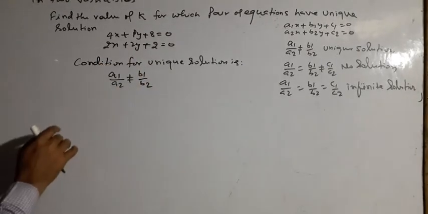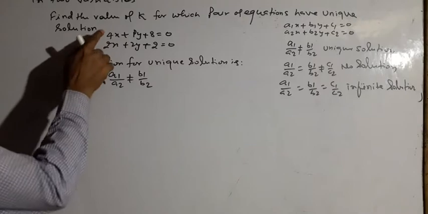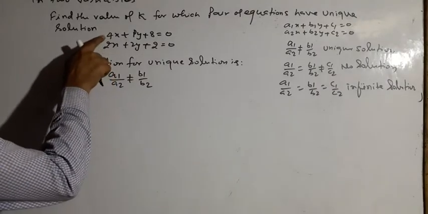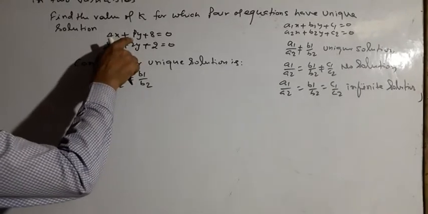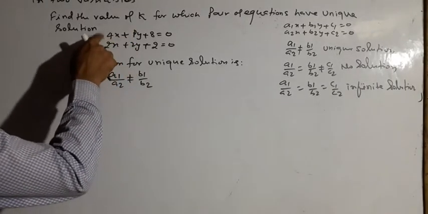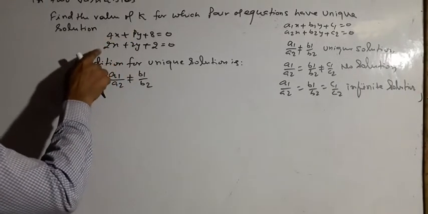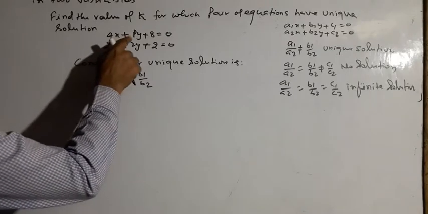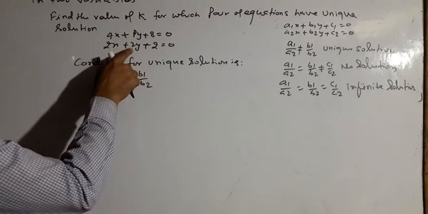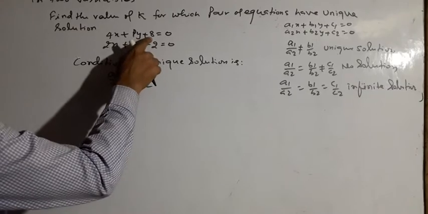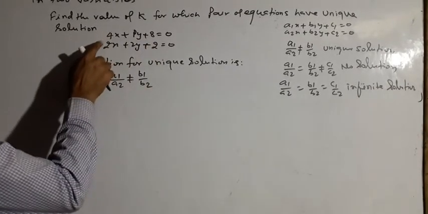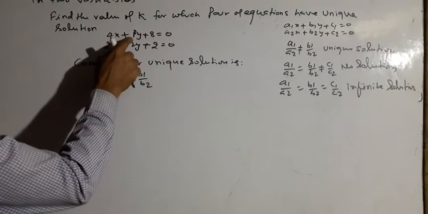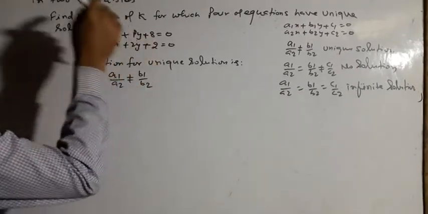In this question, a1 is 4, a2 is 2, b1 is p, b2 is 2, c1 is 8, c2 is 2.